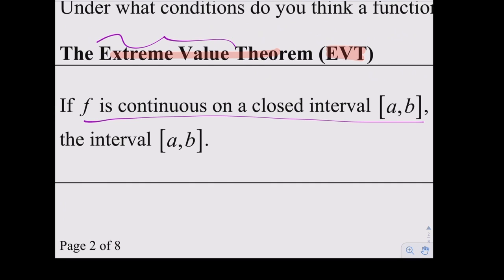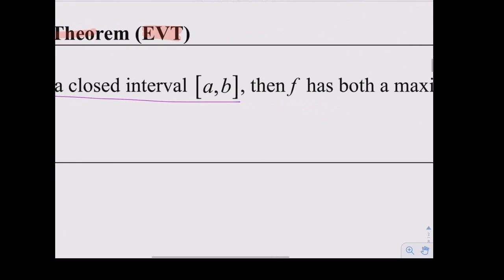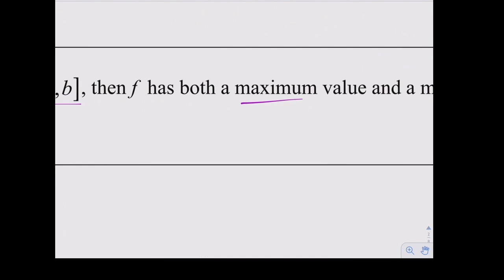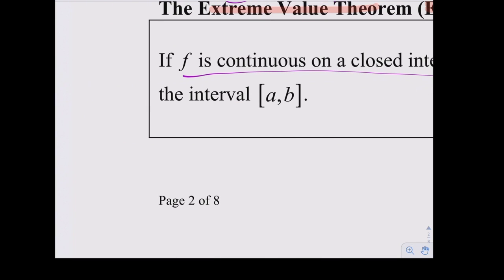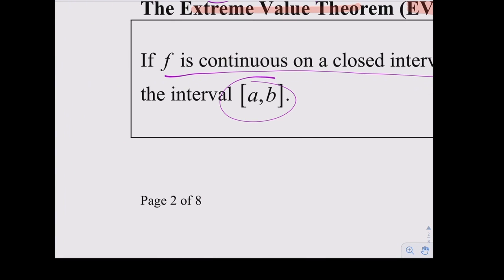Wow, we can make another claim. If f is continuous on a closed interval, not only does the function have to pass through all the y values between f of a and f of b on the open interval from a to b, but apparently something else we could say. Then f of x has both a maximum value and a minimum value on that closed interval, just as we've suspected, right?